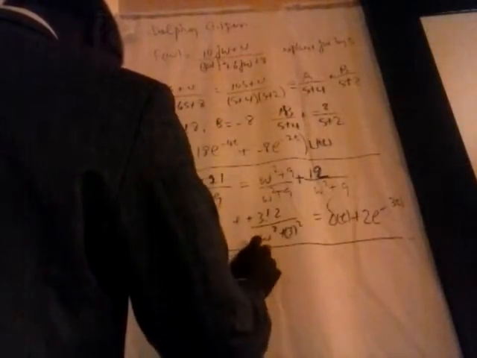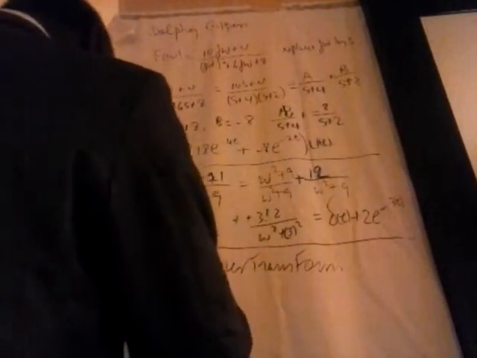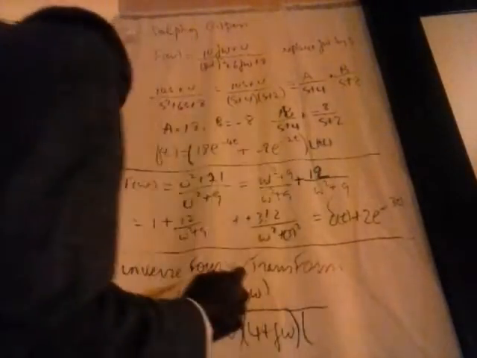Third one, we wish to find the inverse Fourier transform of 6 into 3 plus j2 omega over 1 plus j omega into 4 plus j omega into 2 plus j omega.